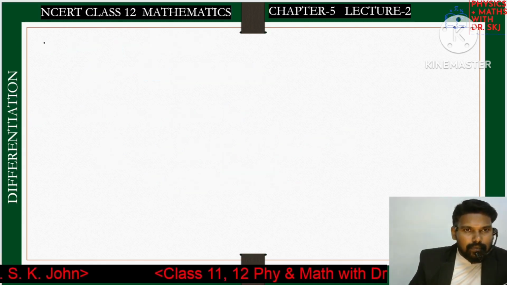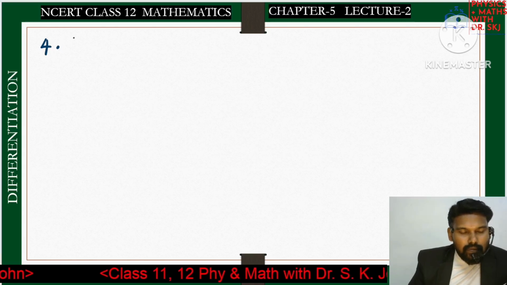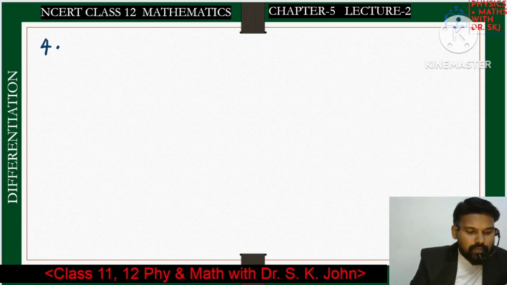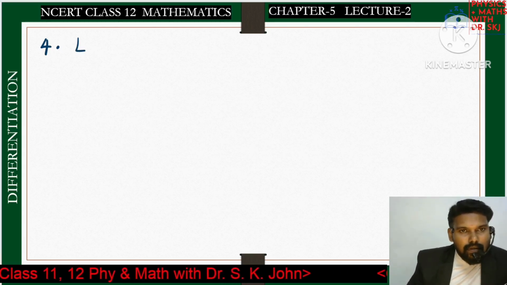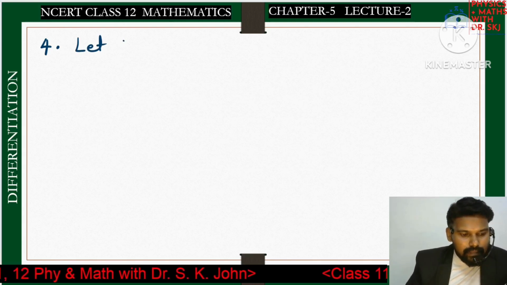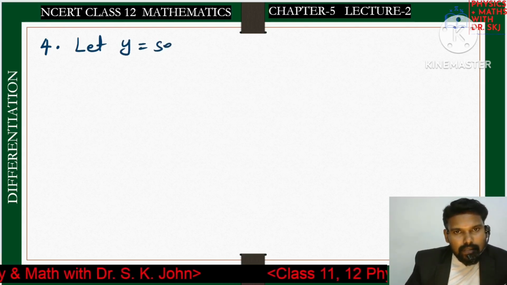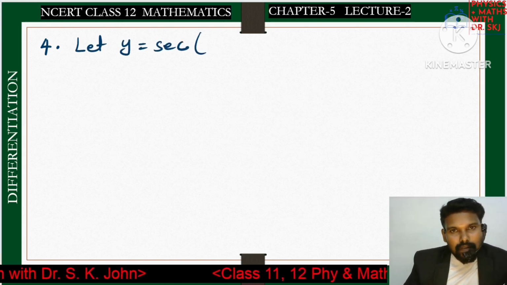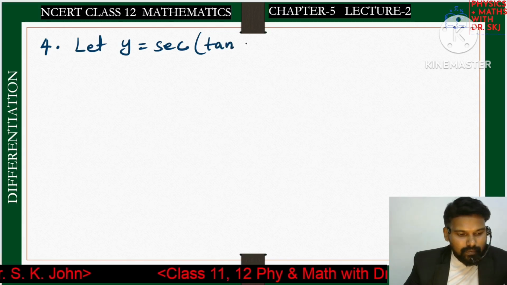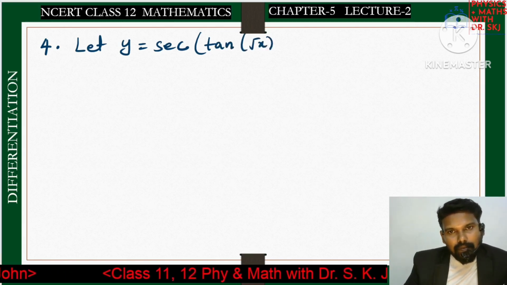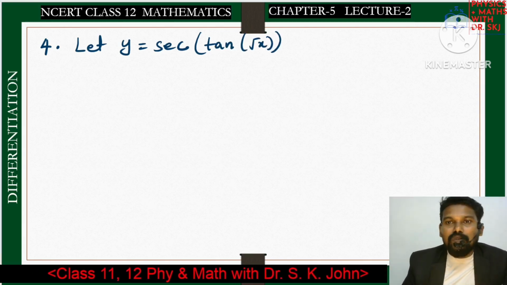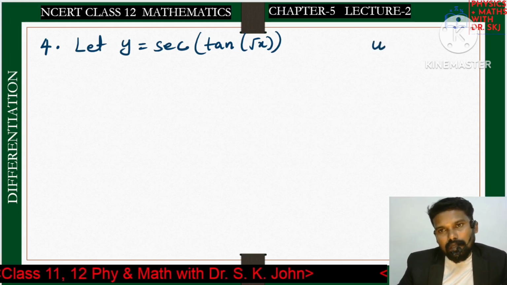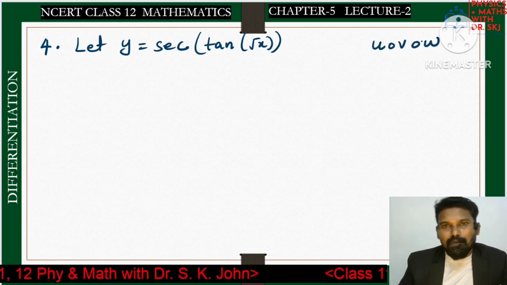Now coming to the fourth question in exercise 5.2. I'm letting that function be y, sec of tan of root x. Actually, this is the composition of three functions: u composed with v composed with w.